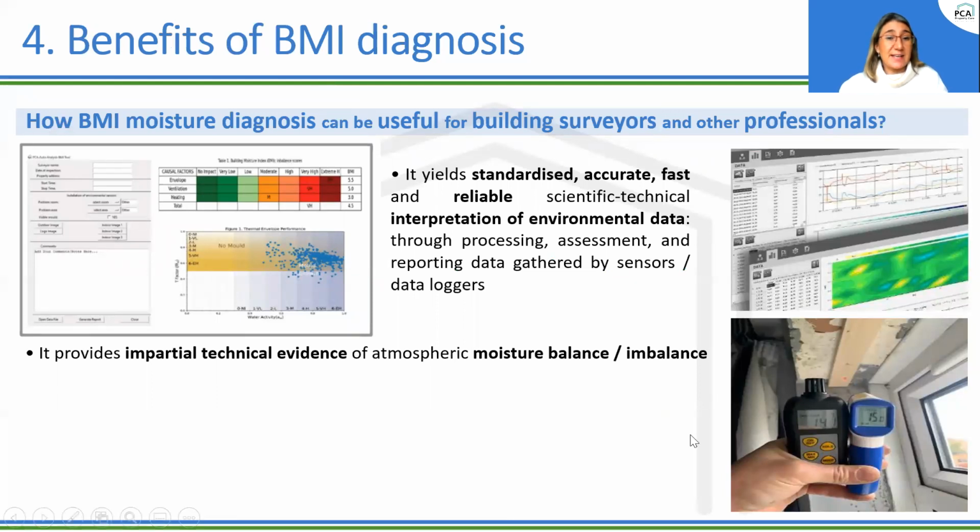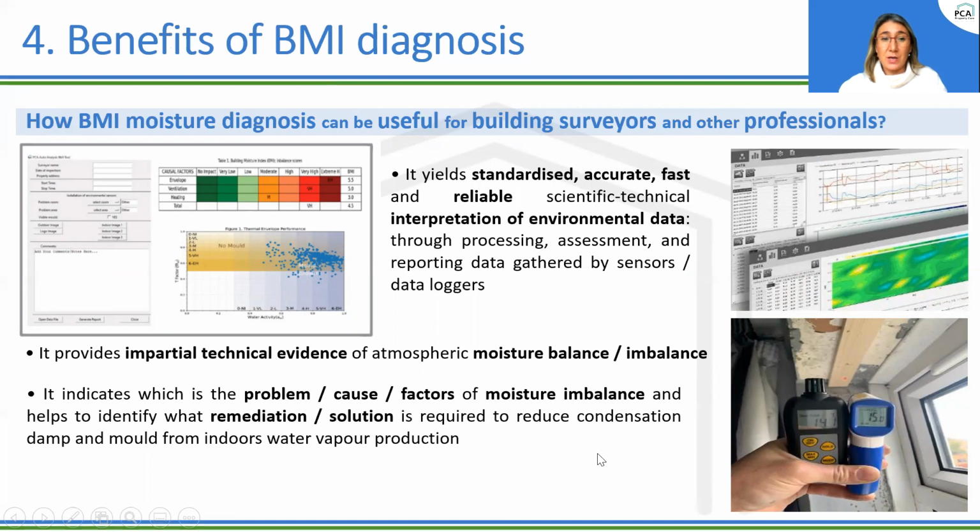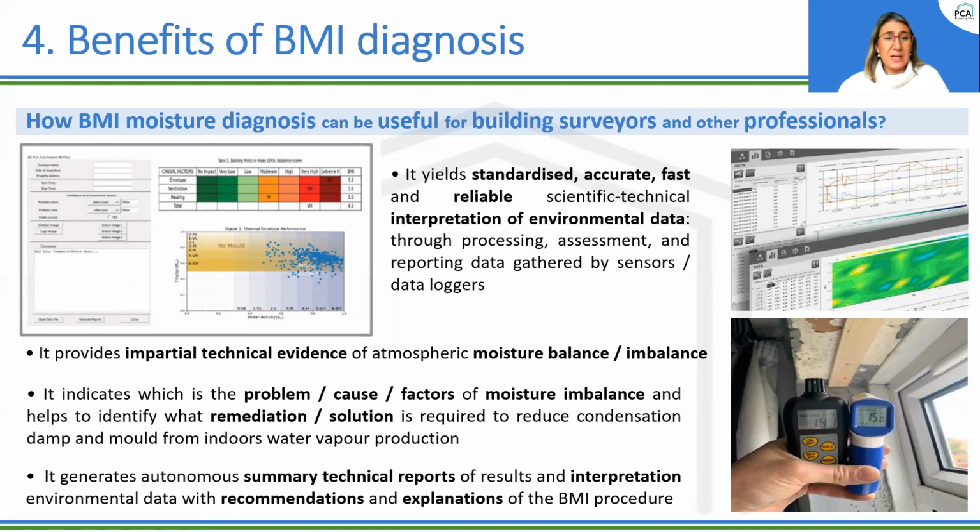It gives an impartial technical evidence of moisture imbalance. It also indicates which is the problem causing moisture imbalance, and it helps to identify what solutions are required to reduce condensation. And then, as I said, it generates autonomous summary technical reports with interpretation of results, recommendations, and explanations of the method.